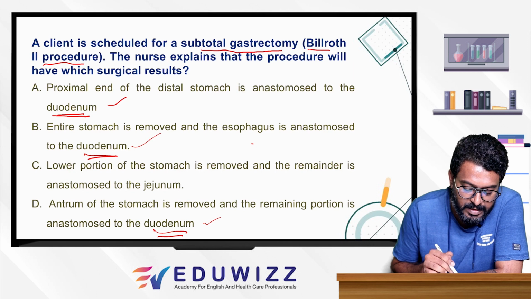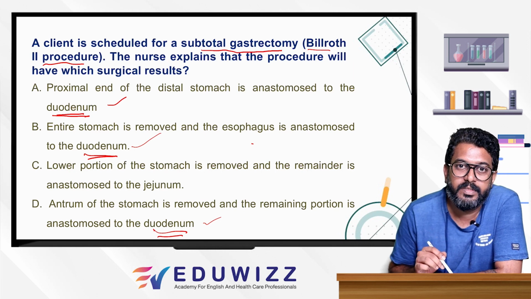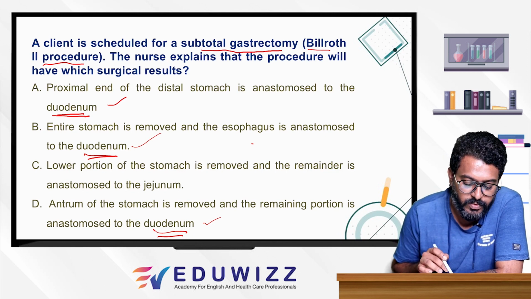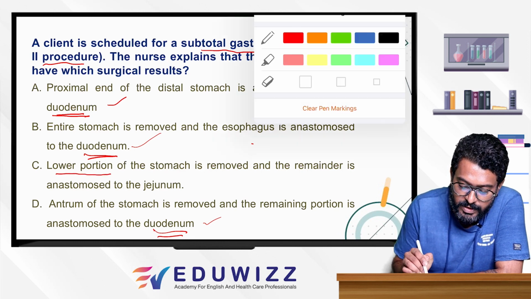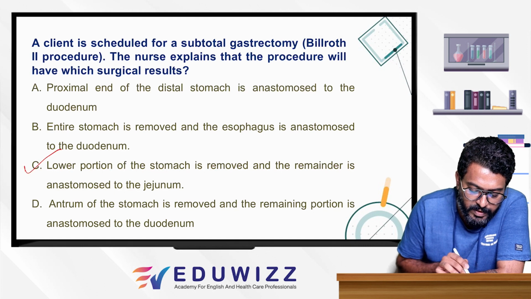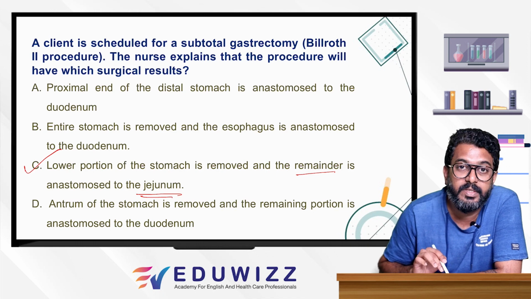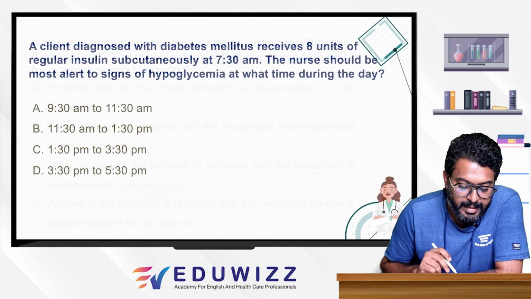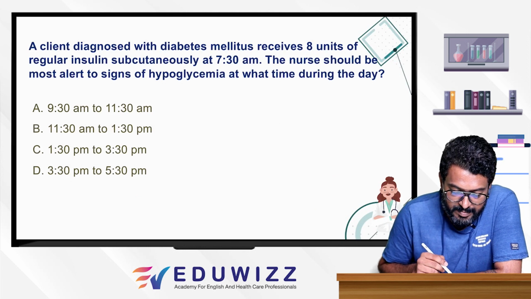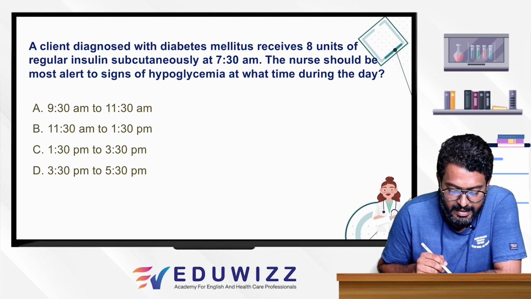Since these three are related to the duodenum, there is only one option left, but you have to study the full definition of the surgery. They can change the questions also. Lower portion of the stomach is removed and the remainder is anastomosed to the jejunum. It is known as Billroth 2 or gastrojejunostomy.